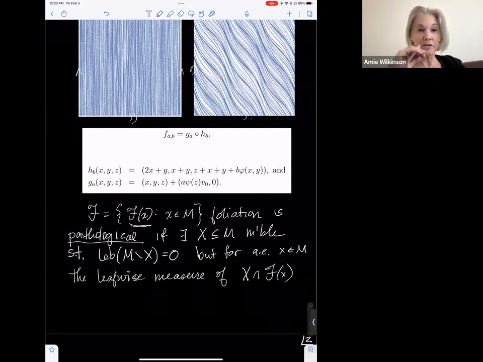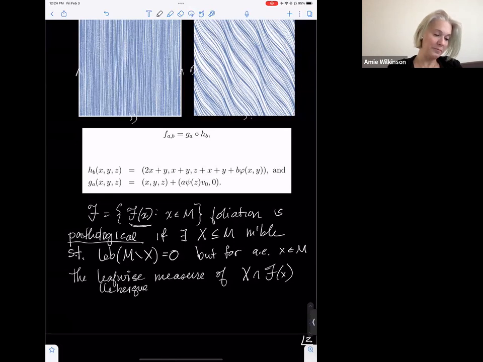So if I look at the intersection of X with the leaf F of x, that's a subset of a smooth one-dimensional manifold, and we can talk about the Lebesgue measure of that. I'll call that leafwise Lebesgue measure.